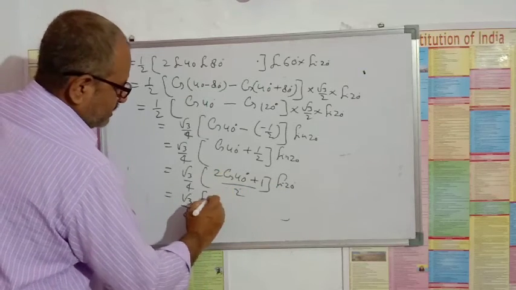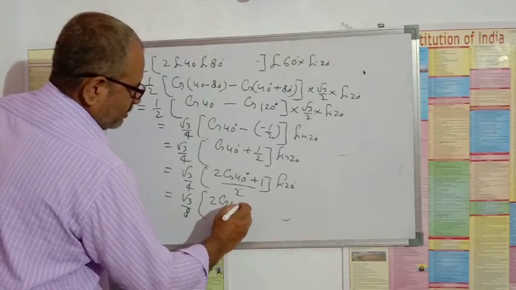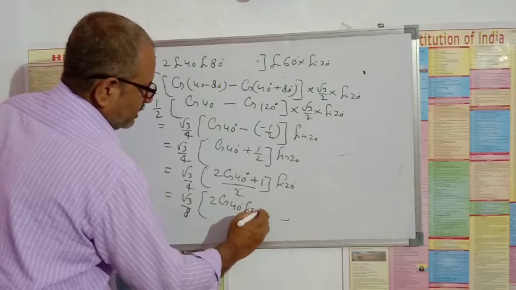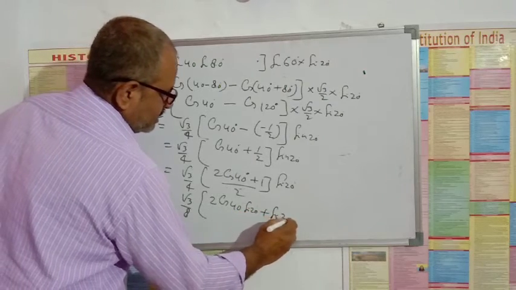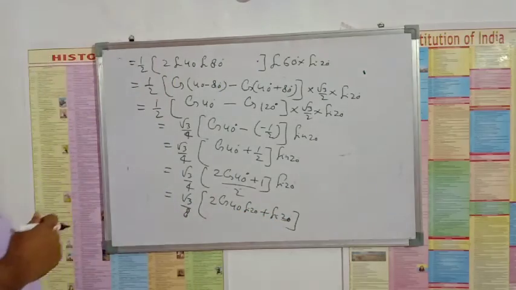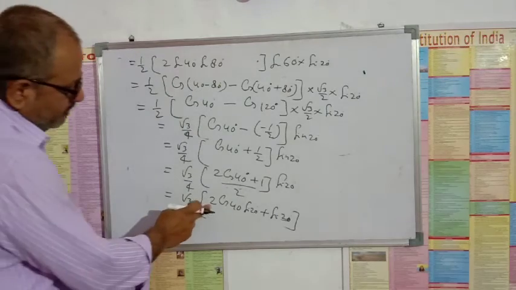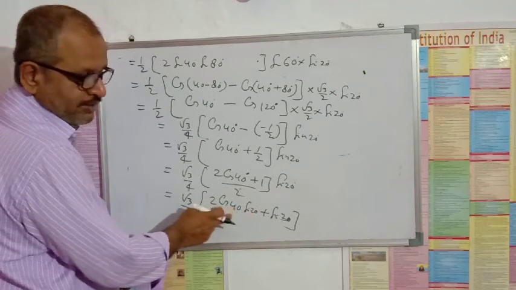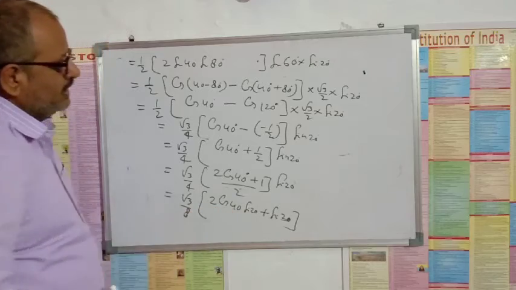And opening the bracket: 2 cos 40 sin 20 plus sin 20 degrees. Here again we will apply the 2 cos A sin B identity.